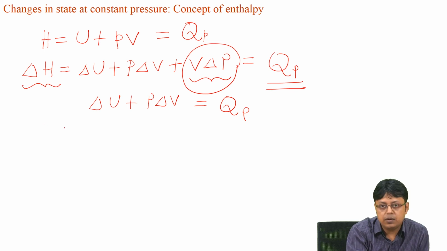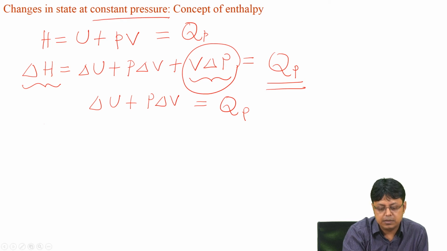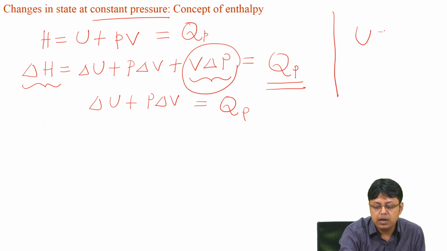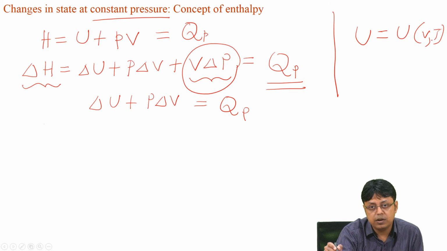Now, let us try to understand how a change in state at constant pressure happens. As before, where we wrote U as a function of volume and temperature, in this case we will write the newly defined quantity enthalpy as a function of pressure and temperature, and then compare the total derivative and write it in terms of the partial derivatives.